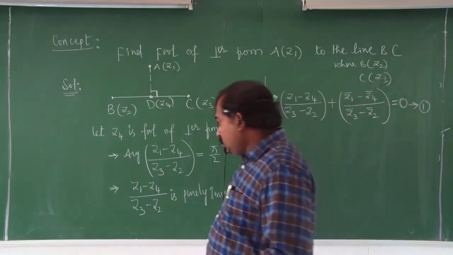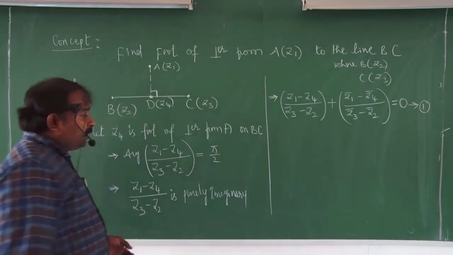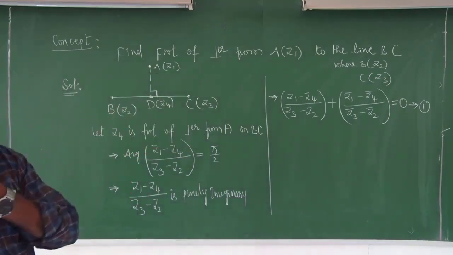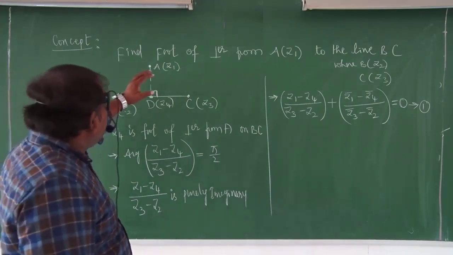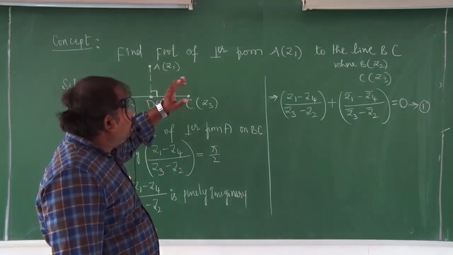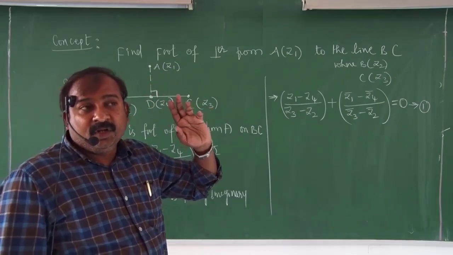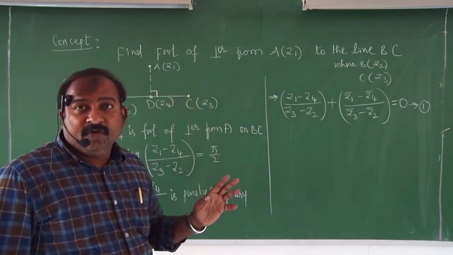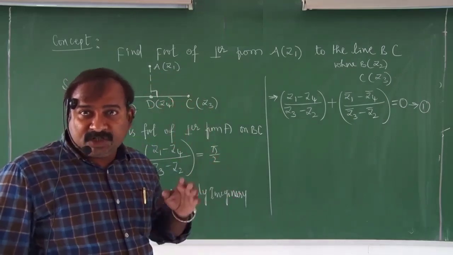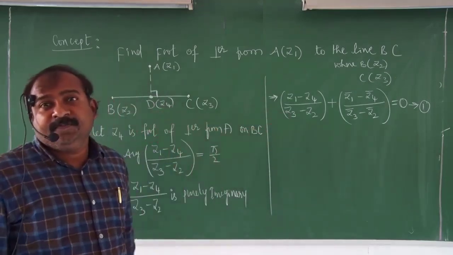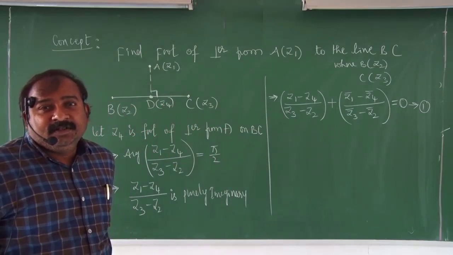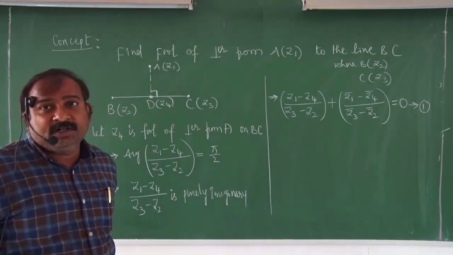Since Z4 is the foot of the perpendicular, automatically I can get that value. Now, to locate the foot of the perpendicular, my question is, is one condition enough or not?